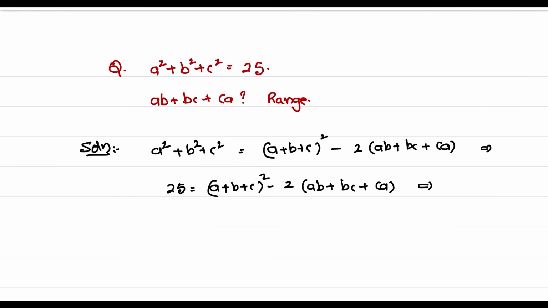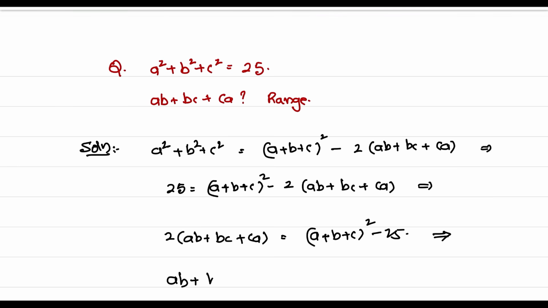take this on the left hand side, 2 into (ab plus bc plus ca) is equal to (a plus b plus c) whole square minus 25, which implies ab plus bc plus ca is equal to ((a plus b plus c) whole square minus 25) whole divided by 2.